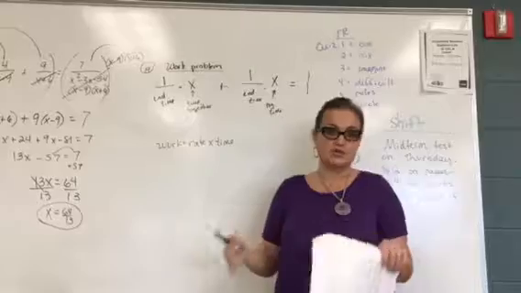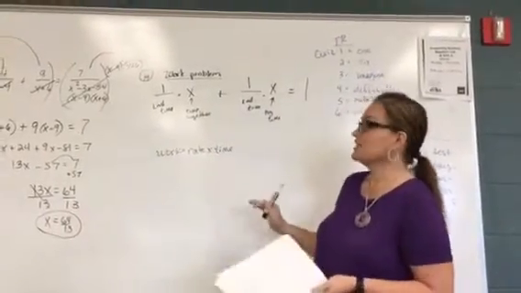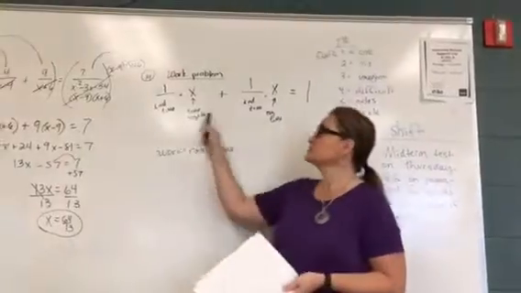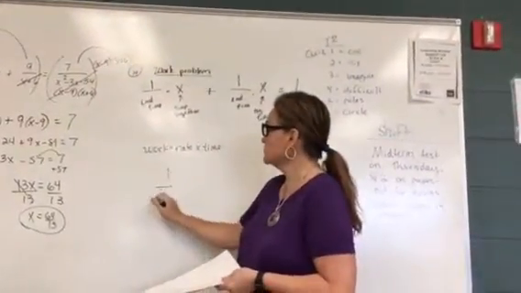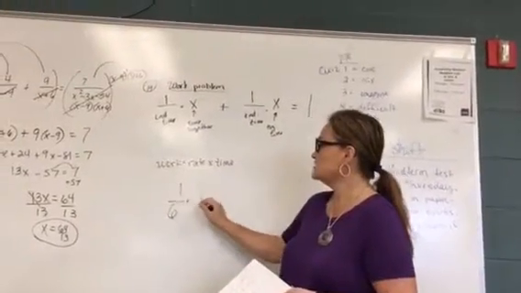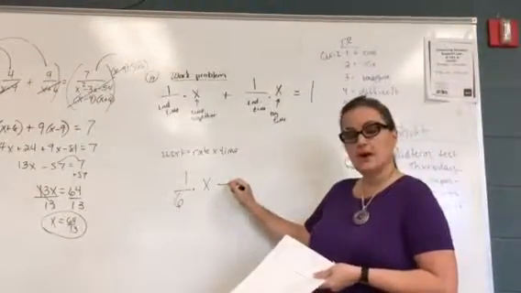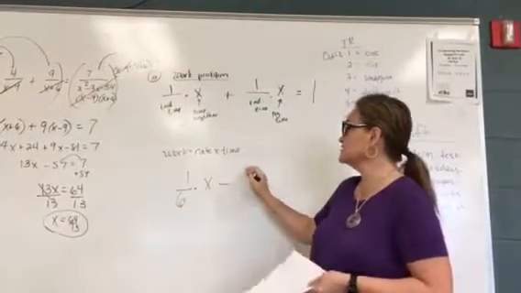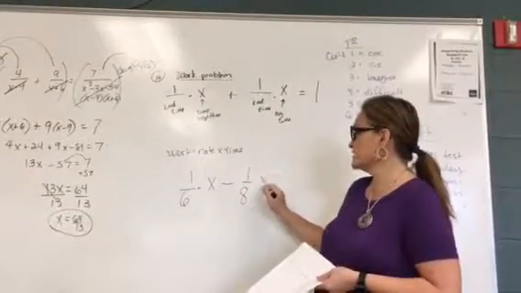You add each person that's working together, and you add them to equal 1. But in our case, they're working against each other, so we'll put a minus. So our formula on number 19 would be 1 over 6, that's the one drain working alone, times the time together, which is what we're asked to find here, x. We're going to put a minus because they're working against each other. The other drain I said is 8 minutes times the together time.